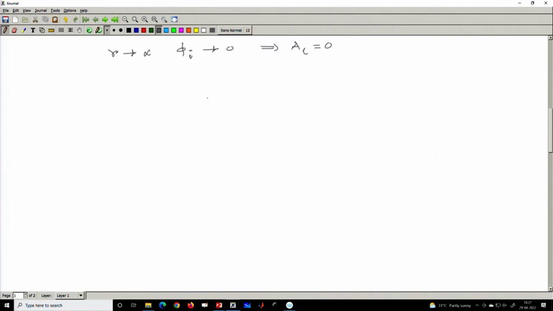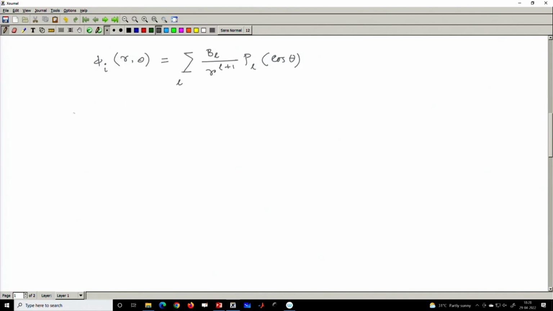So my field phi I, which is a function of r and theta, simply becomes the summation over L of B L divided by r to the power L plus 1, times P L cos theta. This is the value.